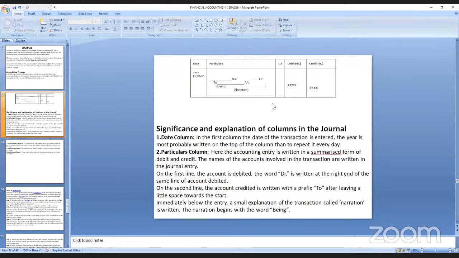Now you have understood the significance of this table, that is, the explanation about the columns in a journal. If they ask for a short answer, what is the explanation about the columns in a journal, it is the date column, particulars column, LF, debit, and credit.